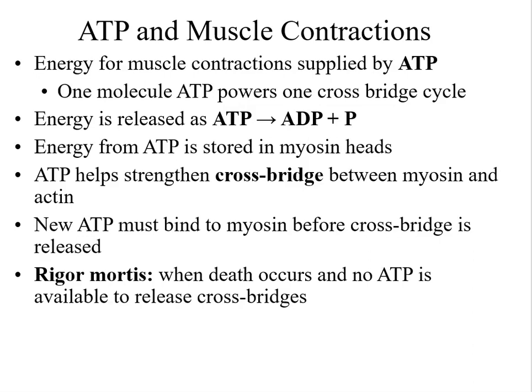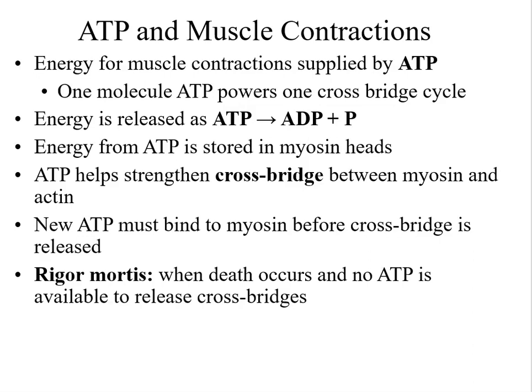While the inorganic phosphate is released earlier, a new ATP molecule must bind to myosin before that cross-bridge is released. So without more ATP, myosin will remain associated to actin.